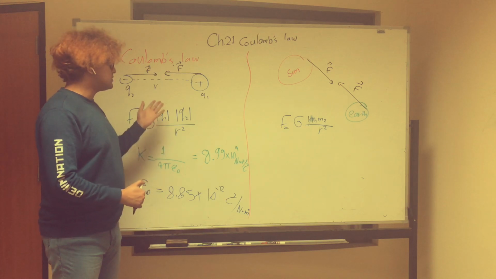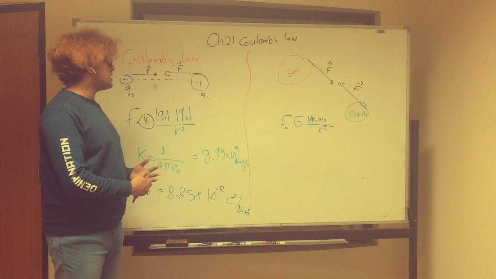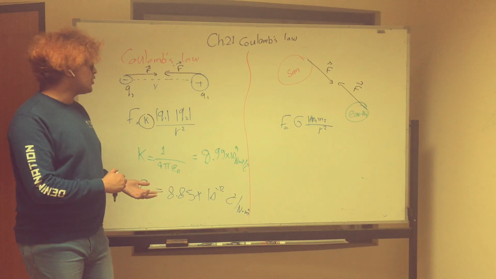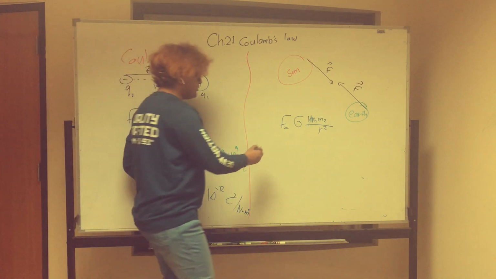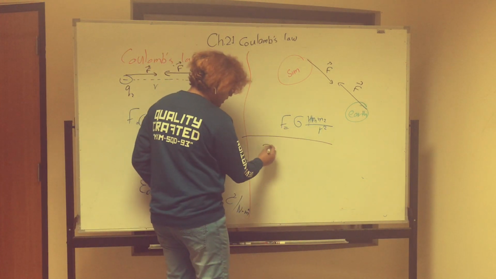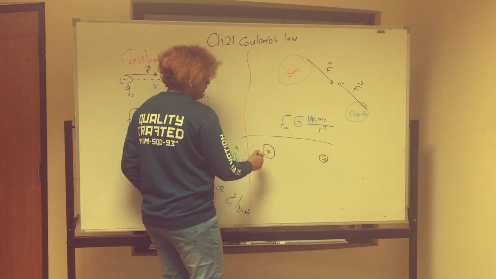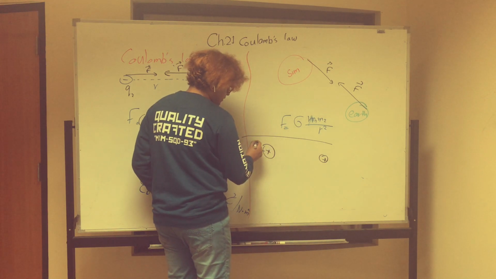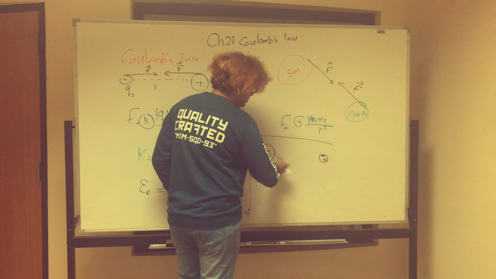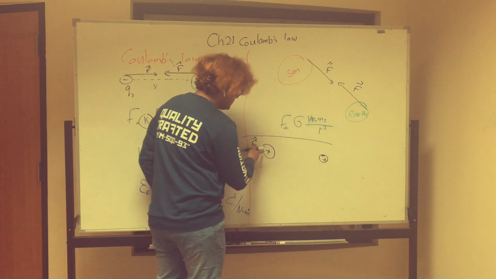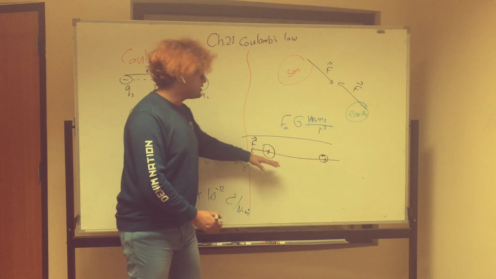In order to solve problems using Coulomb's law, you need to deeply understand how to add vectors and how to work with vectors. One very important note that I want to add is that if you have a positive and another positive charge, for example, then the force acting on this charge is going to be repulsive. Because these two are the same, this force is going to have the same sort of alignment as the other charge.